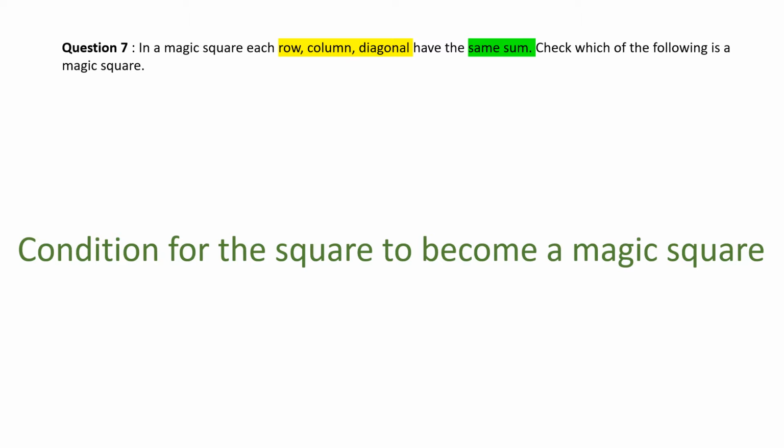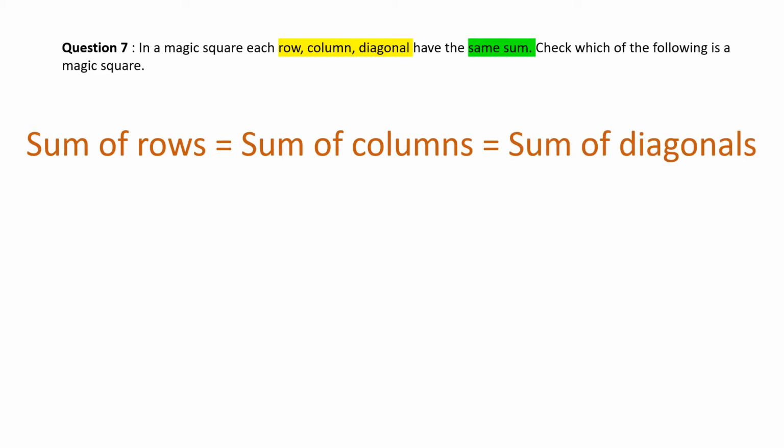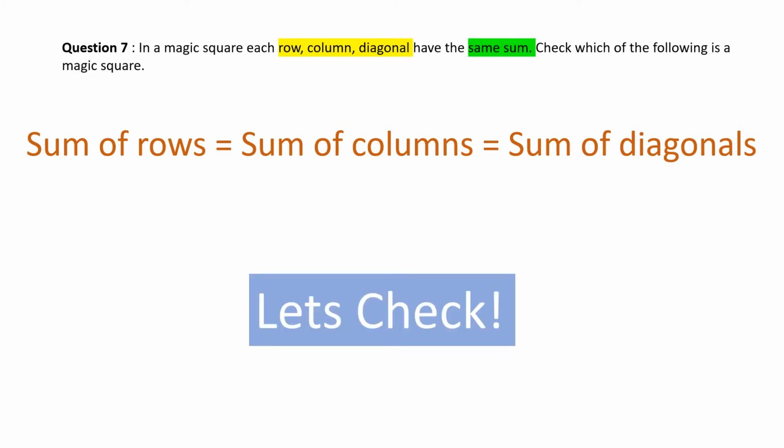We can call one of the squares a magic square only if the sum of rows is equal to the sum of columns is equal to the sum of diagonals. So we're going to check this condition for both the squares and see which of the squares is a magic square. Let's check.